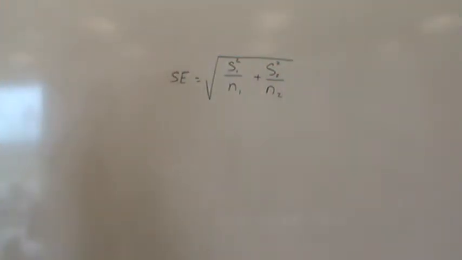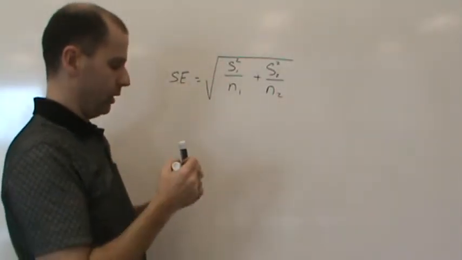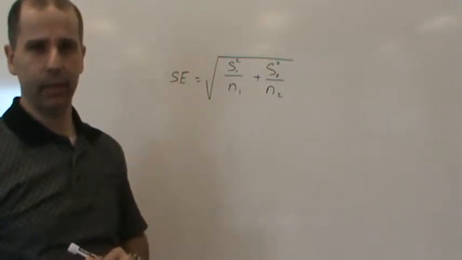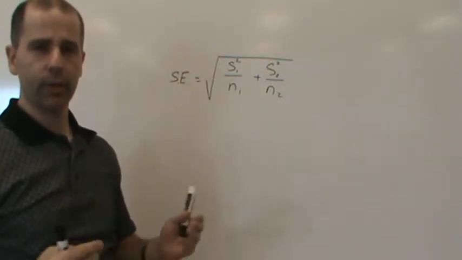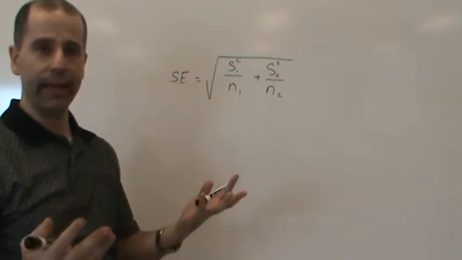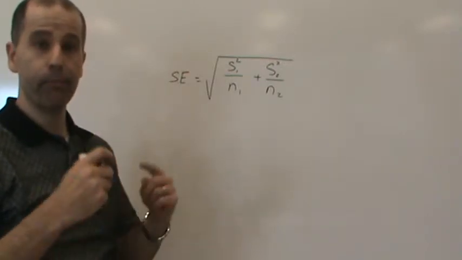Well, what happens if we assume the population variances are indeed the same? Then, like I said, we could pool the samples together and calculate a pooled variance and then use that variance for both samples.